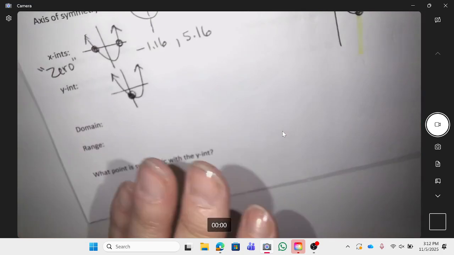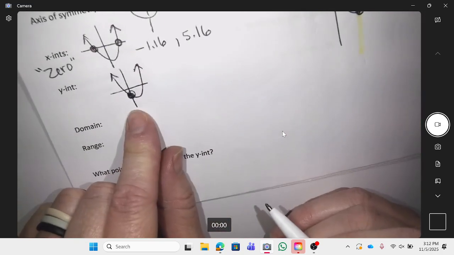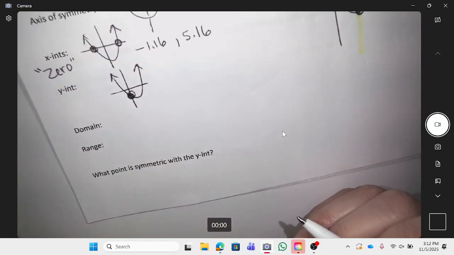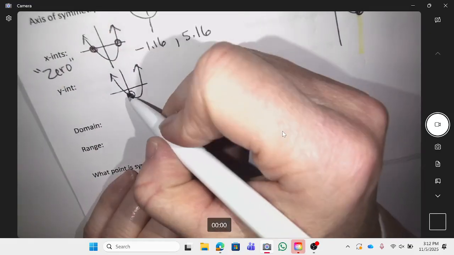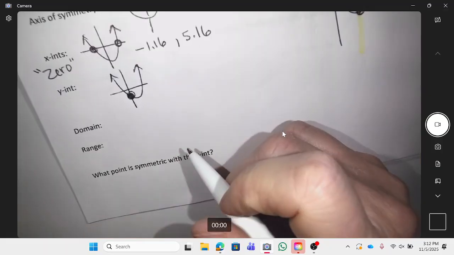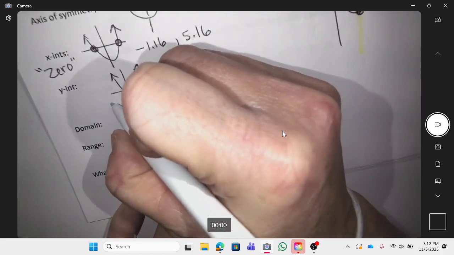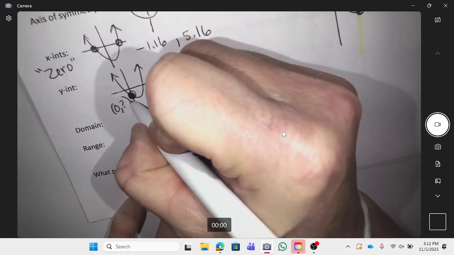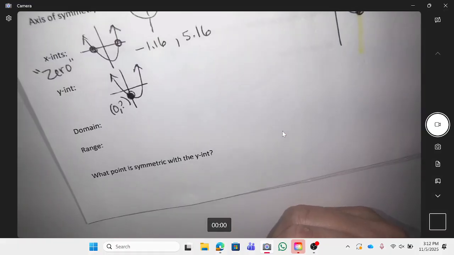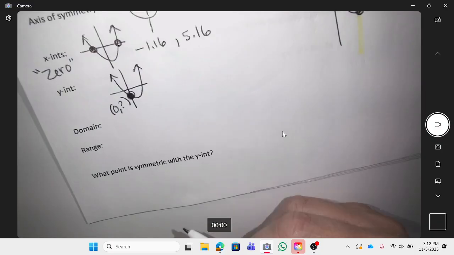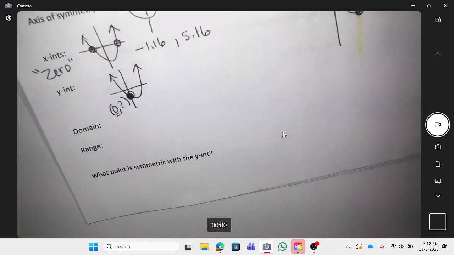Next is the y-intercept. So do you know what a y-intercept looks like? You're on the y-axis. So this coordinate is going to be something like this: 0, comma, like some height, right? Does that make sense? So if you know the x value, the x is the boss.